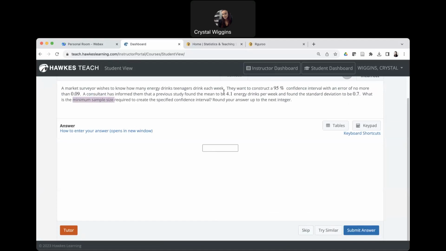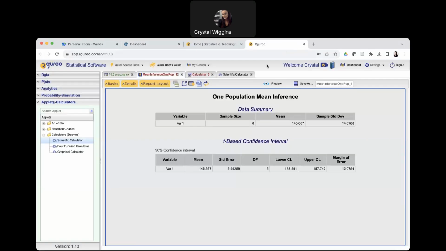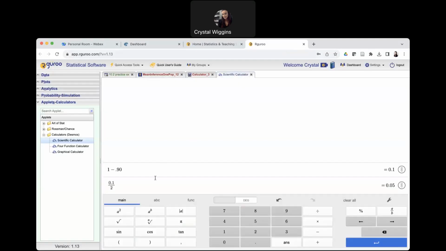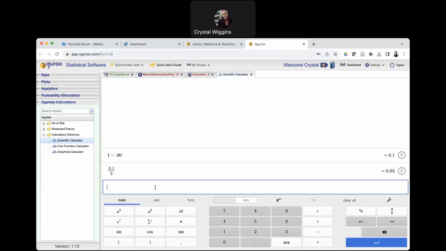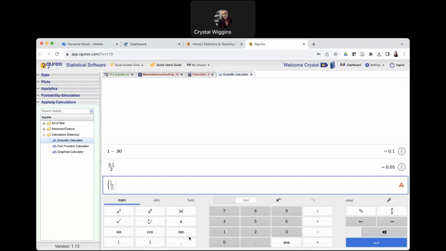All right, so let's head over to our Rguroo. We're going to just pull up our scientific calculator because, again, we need to just use the formula as is. That formula has a fraction raised to a square, so I'm actually going to set up the formula first with a fraction inside of these parentheses and it all being squared, so I don't have to worry about remembering to do that after.